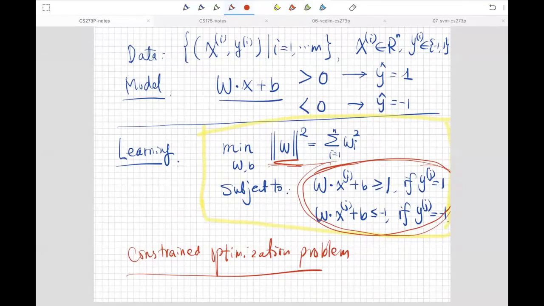So that is a constrained optimization problem. The question is, how do we solve it? That's something we're going to talk about in the next lecture. For now, I just want to give you this framework of the SVM, which in many cases is called margin maximization. We're going to maximize the margins of these two separating hyperplanes in the higher dimensions.